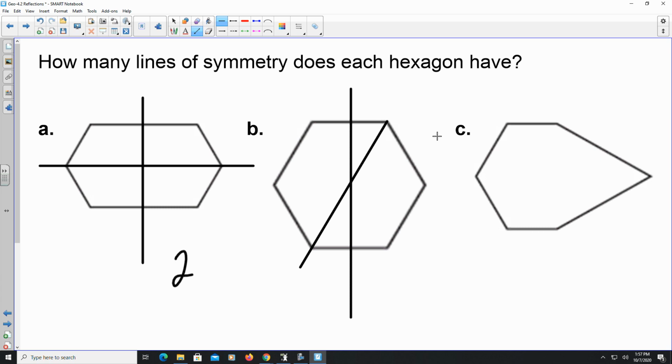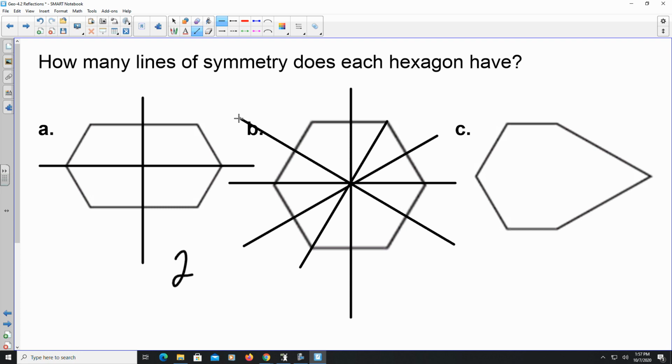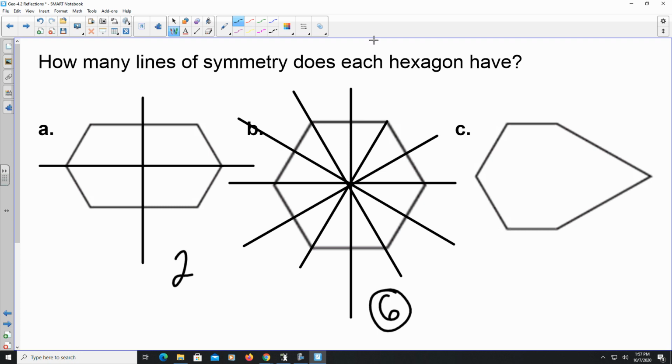I could go here, which is three, here, which is four, here, which is five, and here, which is six. I understand it's a little bit messy, but you guys kind of get the idea. So there are six lines of symmetry in this particular instance.